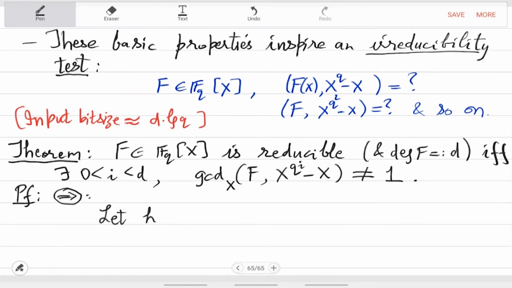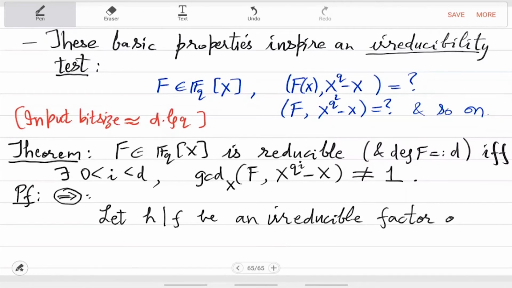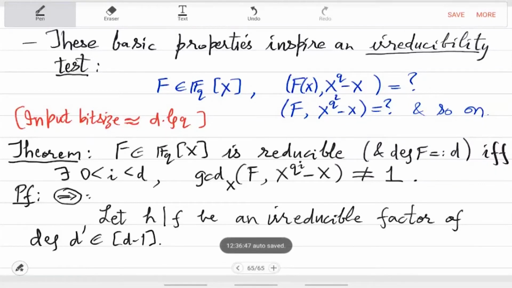So let h dividing F be an irreducible factor of degree d prime, between 1 and d minus 1. Okay, it's a non-trivial irreducible factor of F.